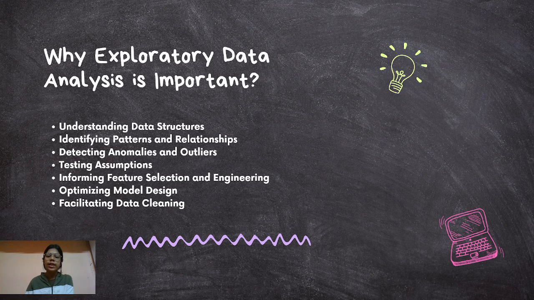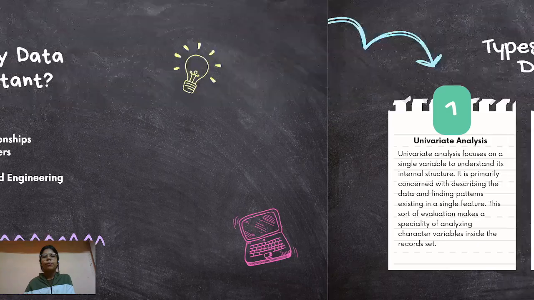Then feature selection and feature engineering, EDA helps in that too. Then we have optimizing model design and facilitating data cleaning. I have said that EDA helps in data preparation, so data cleaning is also its part. We have understood that in the previous video.